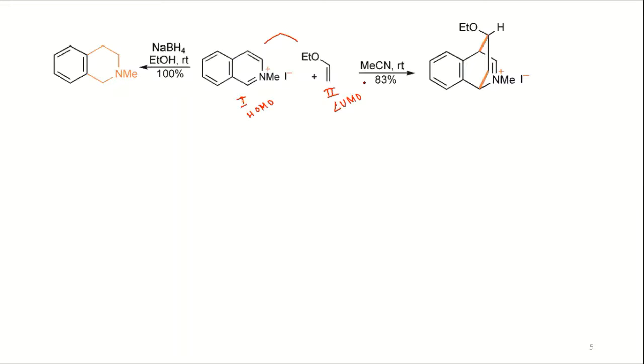Is it correct or wrong? One will contribute HOMO, another will contribute LUMO for efficient reaction. So in this case, which one will be what? One is HOMO, second one is LUMO.